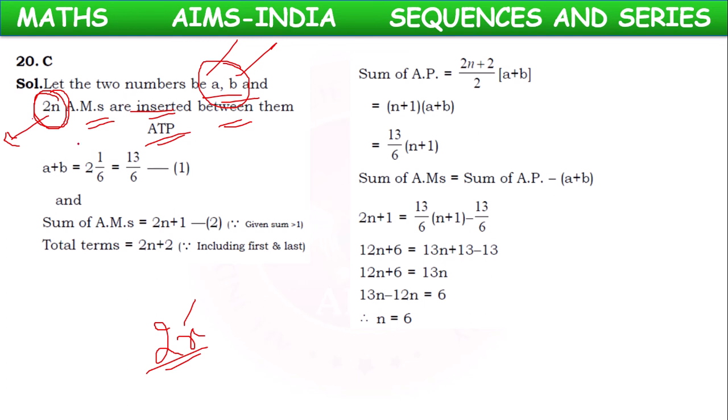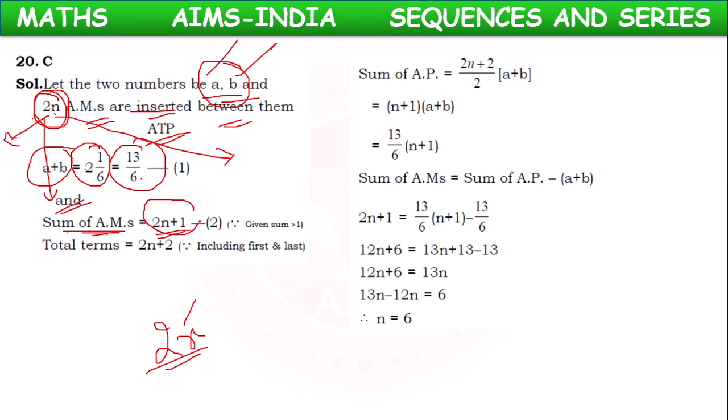So the sum of two numbers A plus B is 2 1 by 6, which is equal to 13 by 6. And the sum of arithmetic means is 1 greater than their number. The number of arithmetic means is 2n, so the sum of arithmetic means is 2n plus 1.